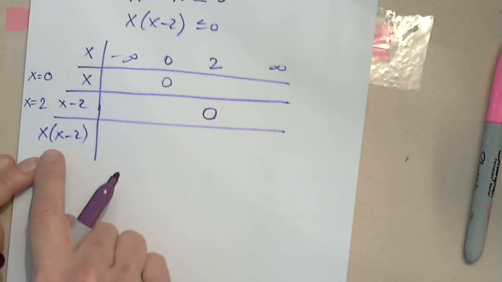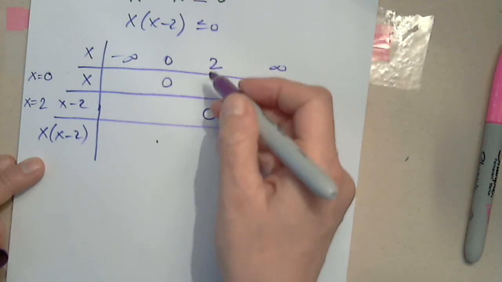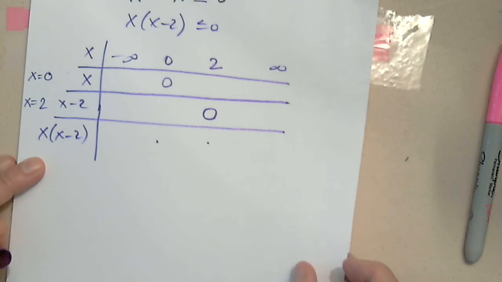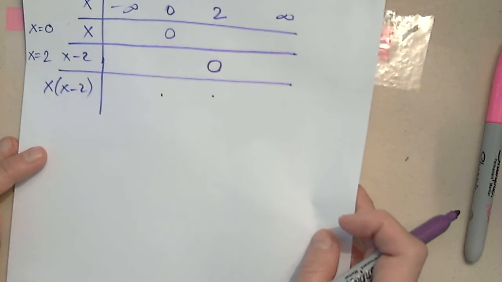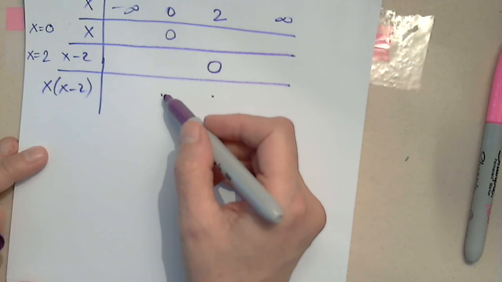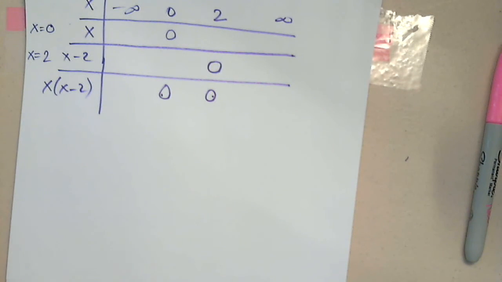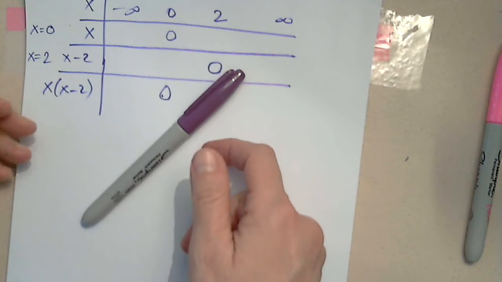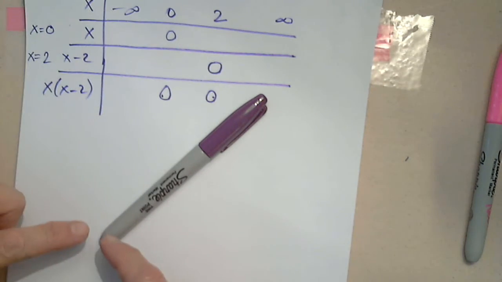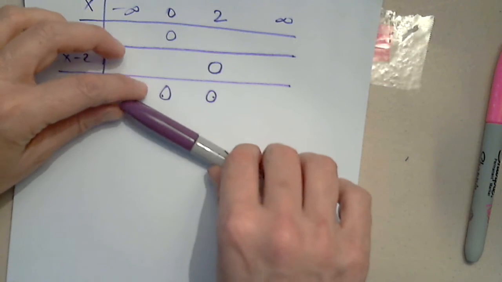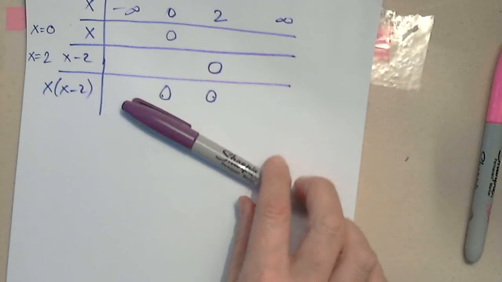What happens to the product under 0 and the product under 2? 0, 0. Excellent. So now I go back. They're all linear factors. First one: does it look like this, from negative to positive or from positive to negative?